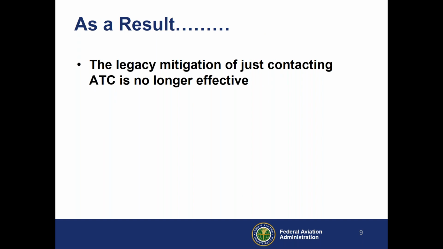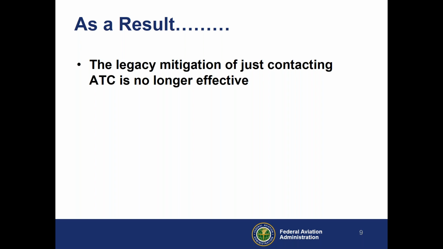So as a result, just contacting the tower when you're going to do a test is not effective anymore. And I'd like Marcus LeBay to discuss these next number of slides up through 15, if you would, Marcus.